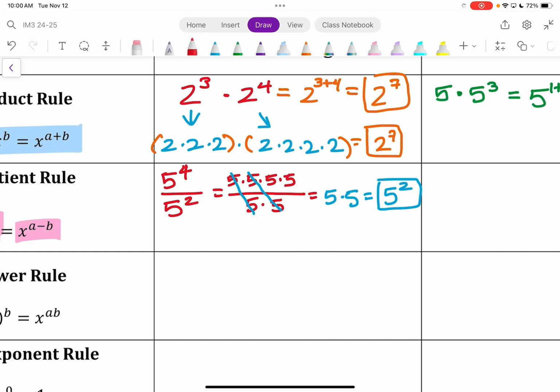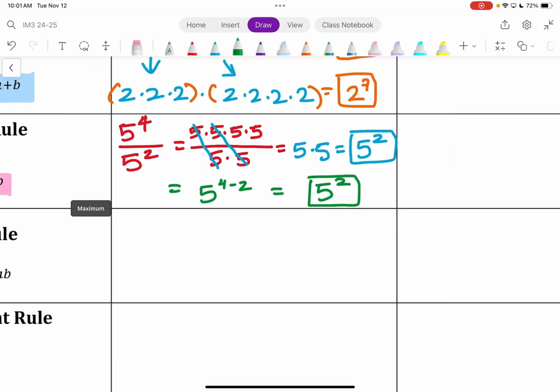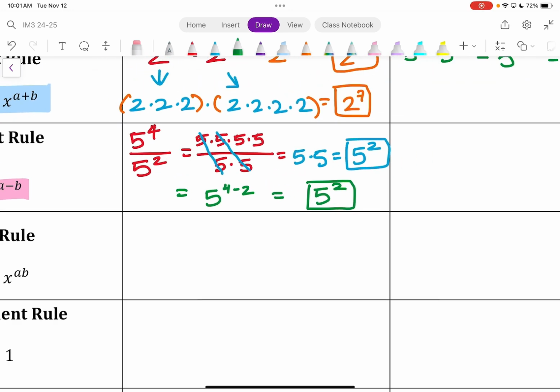Now, if I were simply using the quotient rule logic here, this second step I could rewrite as 5 to the power of 4 minus 2, which gives me the same solution. I know it's hard to see. I can't zoom in anymore, so I apologize for that. But in both of these approaches, we get 5 to the second power.